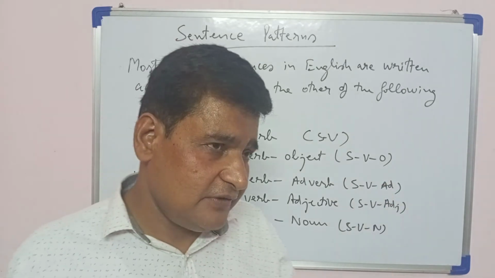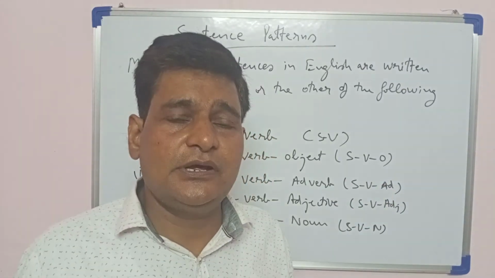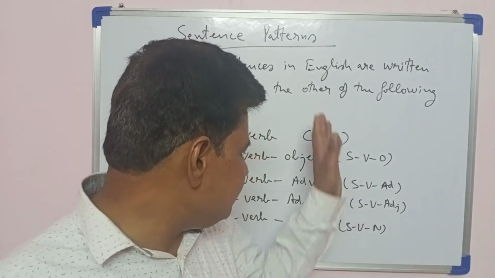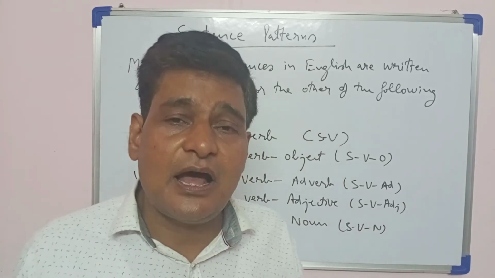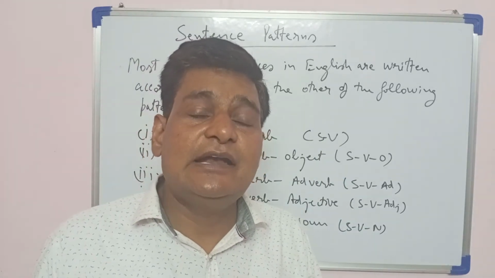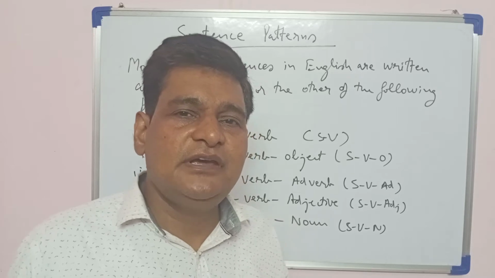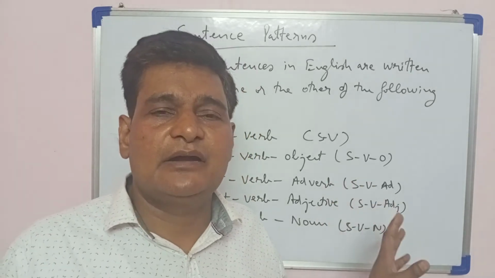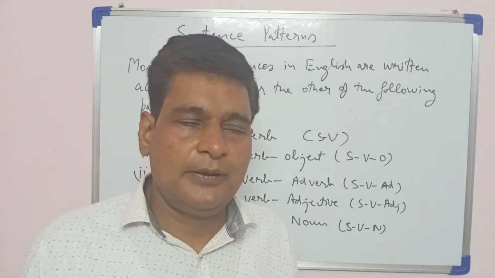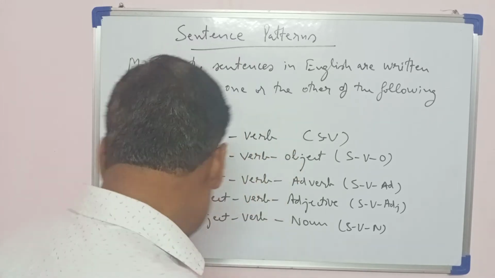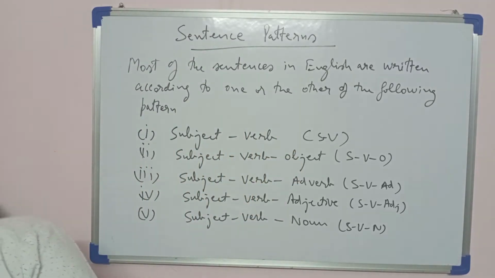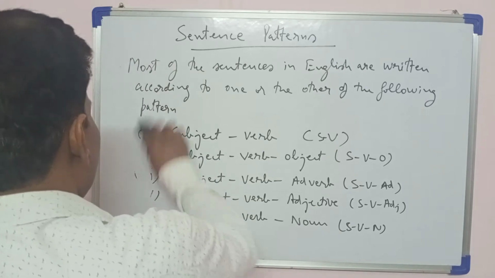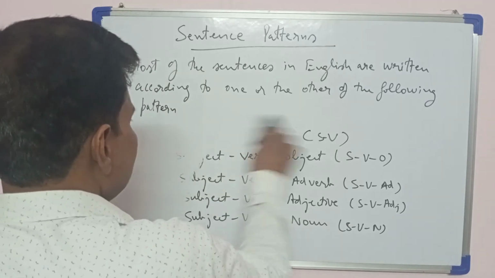Sometimes if we are writing some story or some text, then we will be using all the 5 patterns unintentionally. We are using most of these patterns in a certain text. So let's understand these through examples. One by one we will understand them.